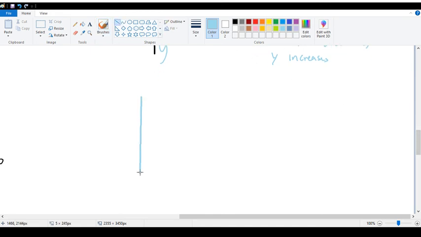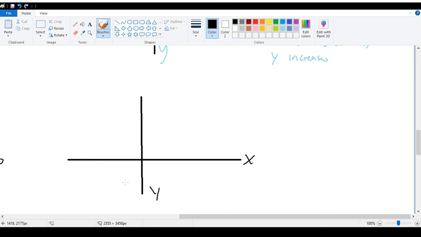Let's look at one example where this does not happen. Let's say I have a linear function. As x increases, so as x gets bigger, the y also increases.